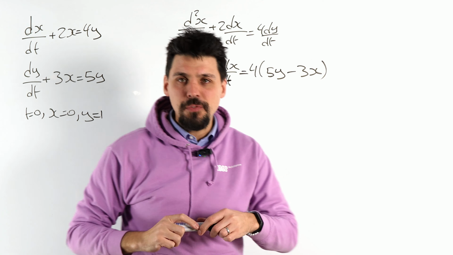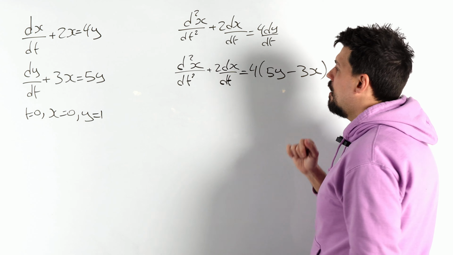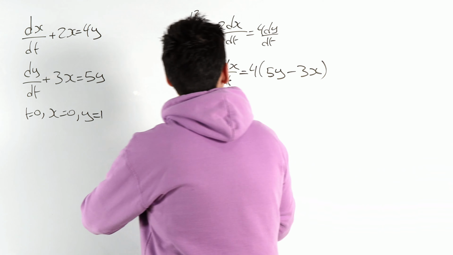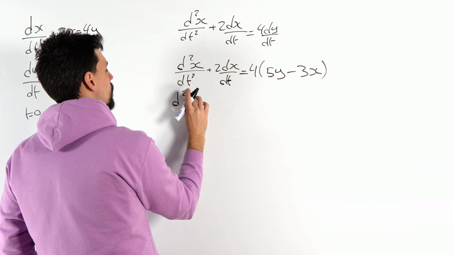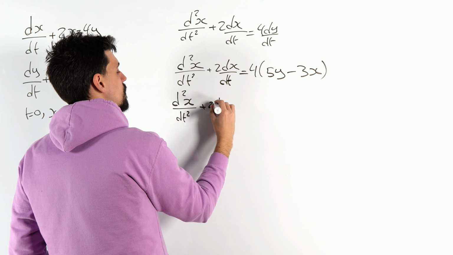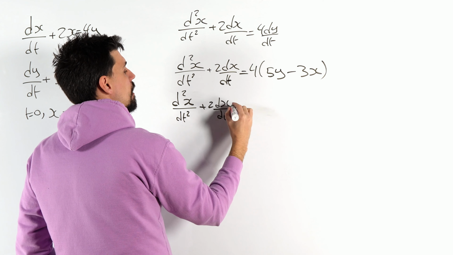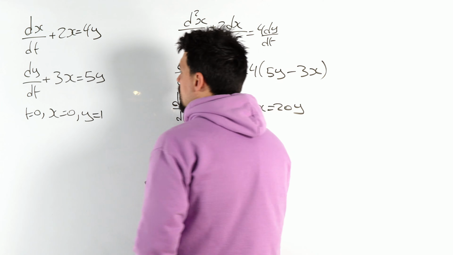And you could be forgiven for going, but Nick, now we've got y's in there, so what are we going to do? First, we're going to tidy this up. Plus 2 dx/dt is 20y, and in fact, let's move that over, plus 12x is 20y.